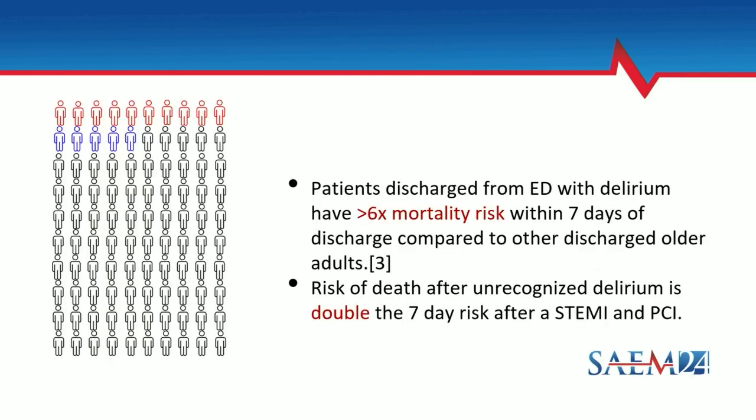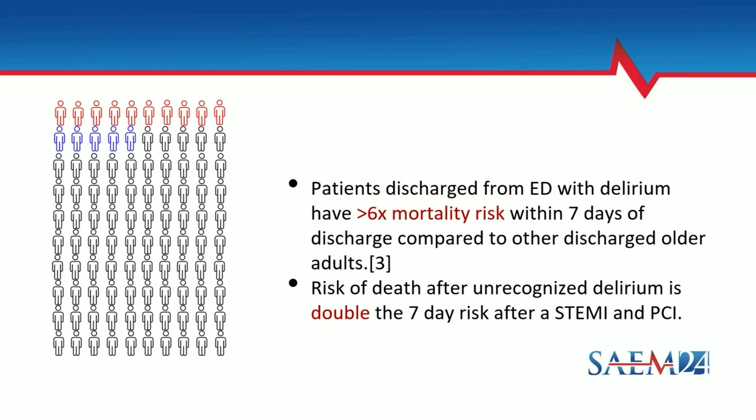So just to re-emphasize the importance of screening for delirium, if we're looking at our total ED population where we have the red and blue patients as being those with delirium, and let's say the red are those that have missed delirium and the blue are those that have identified delirium.